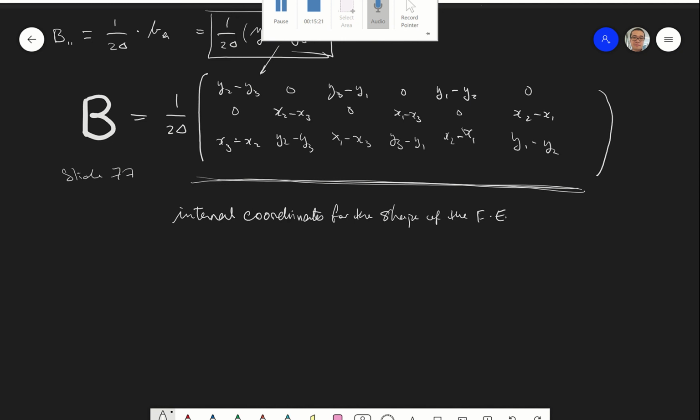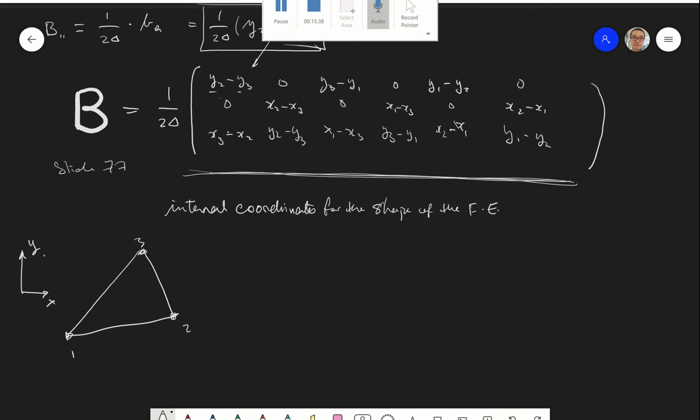What does that mean? If you look at a triangle, you have 1, 2, and 3 in this Cartesian frame x and y, right? This term y2 minus y3, what does that mean? That's the y coordinate of 2 and 3, and the difference between the two is basically the length of this side projected onto the y-axis, right?